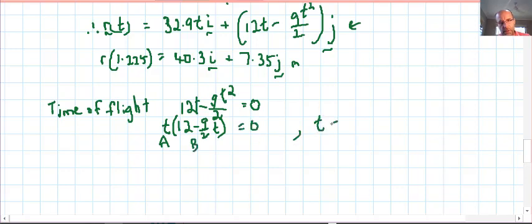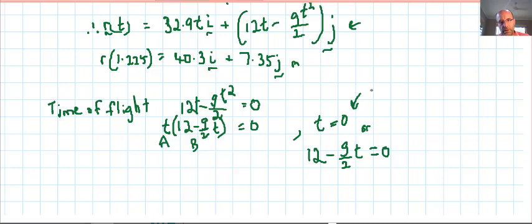So t equals 0, or we've got 12 minus g on 2 t equals 0. Now this one here is not going to be the answer. We don't want this answer because that's at launch there. So that's not the answer we want.